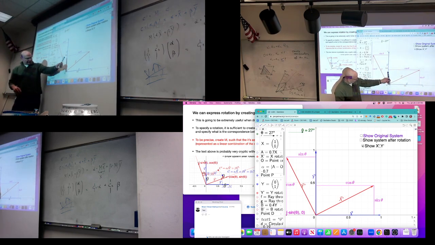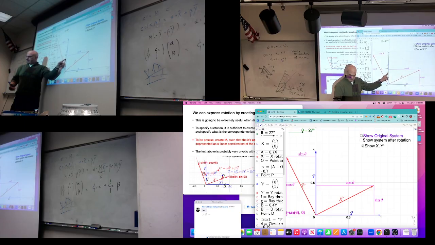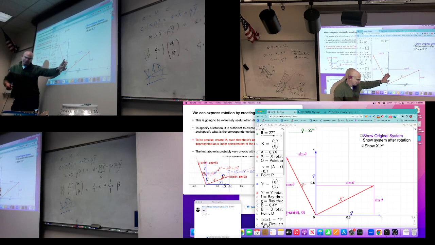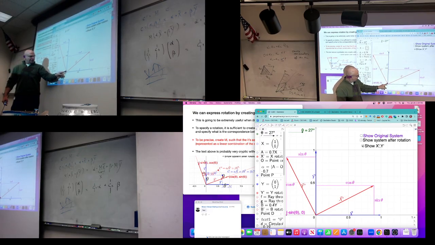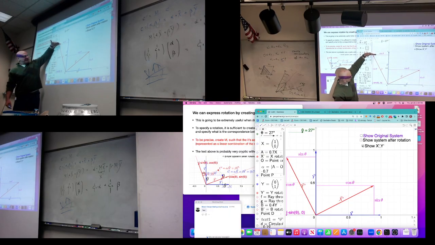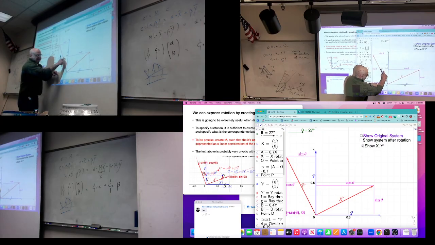What about y prime, which is y after rotation? Its theta is right here, because both x and y rotated. So y prime is somewhere here. So its y coordinate, the height of it, is essentially this.